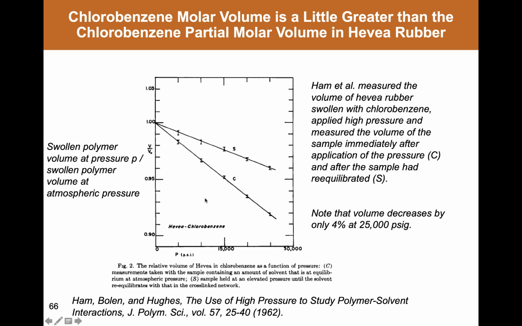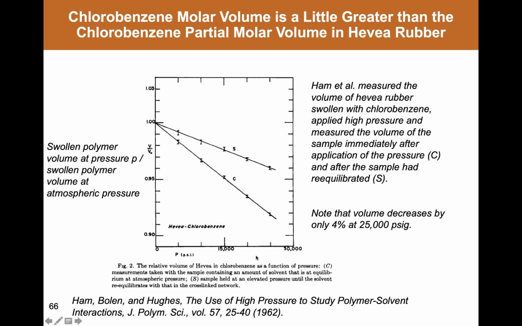In the case of Ham et al., for chlorobenzene in butyl rubber, there was a slight decrease in the volume, and therefore the amount of solvent in the sample, as pressure increased, and that indicates that the molar volume of chlorobenzene is a little greater than the partial molar volume.